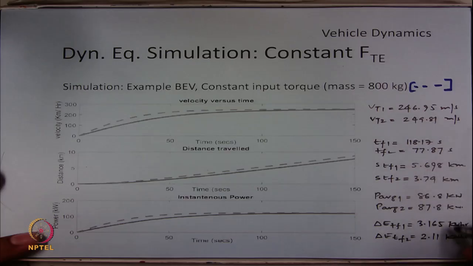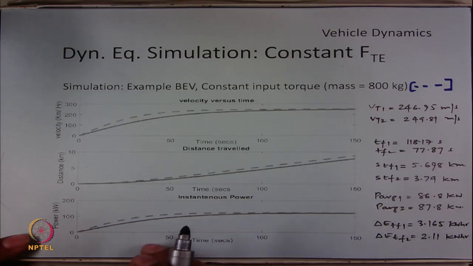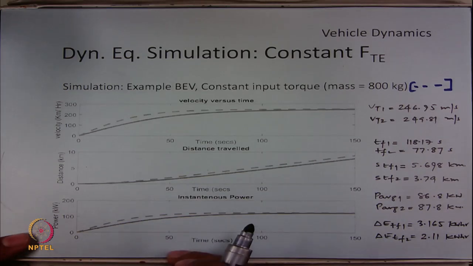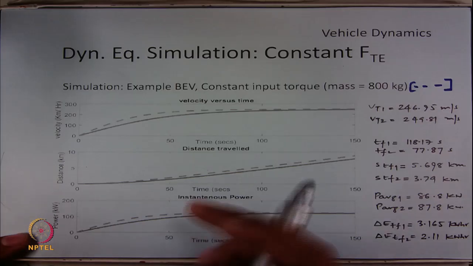So, the proportional reduction of energy can be seen. Using this kind of simulation, we can check the vehicle performance for the constant input motor torque for different kinds of change in variables and conditions.